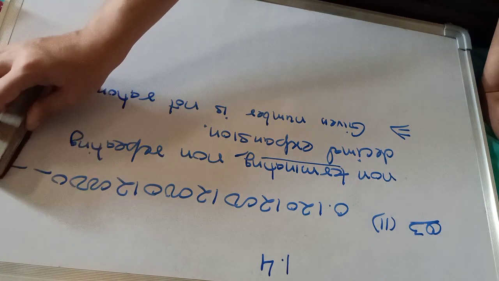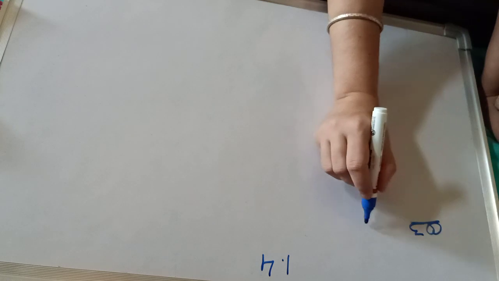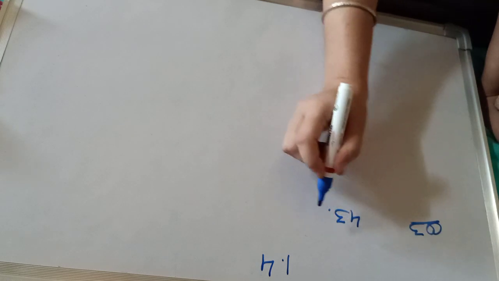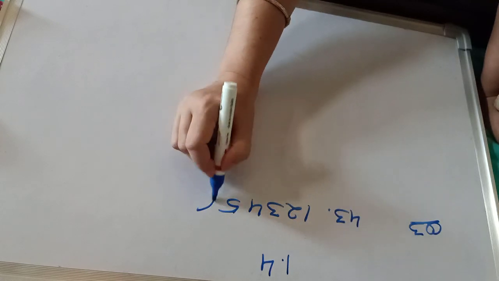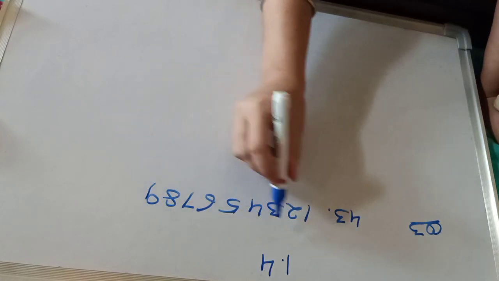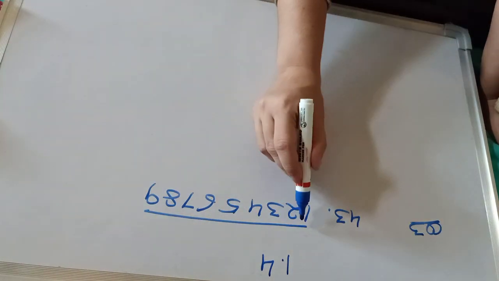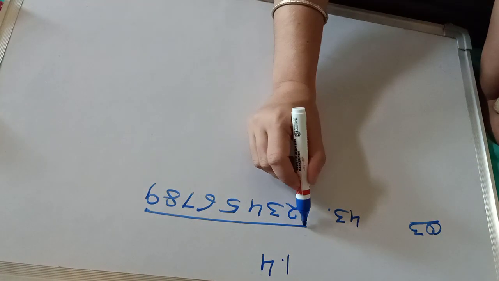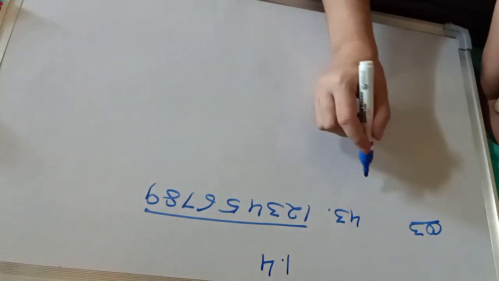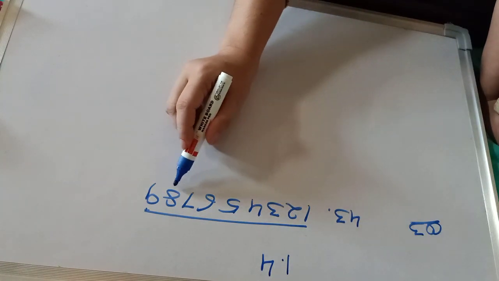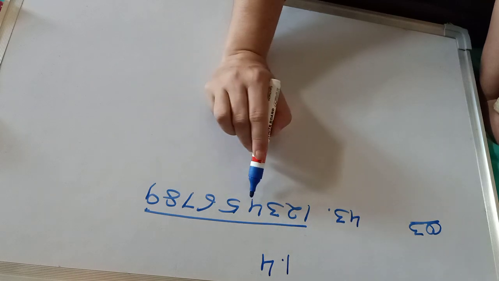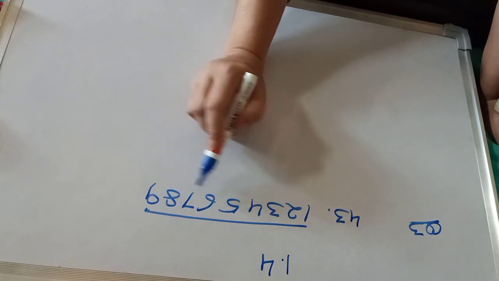Then come to next part. Next they have given 43.123456789 bar. But this bar means the number is repeating again. Repeating again means like 43.123456789, again 1 2 3 4 5 6 7 8 9, and so on.